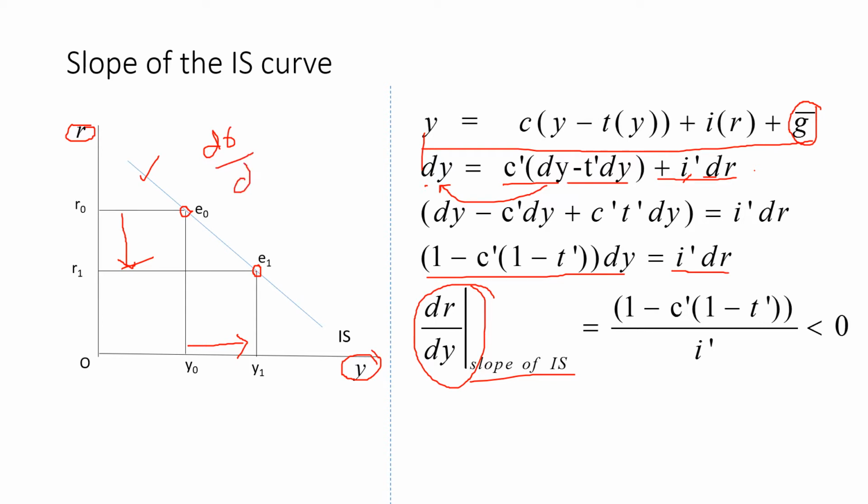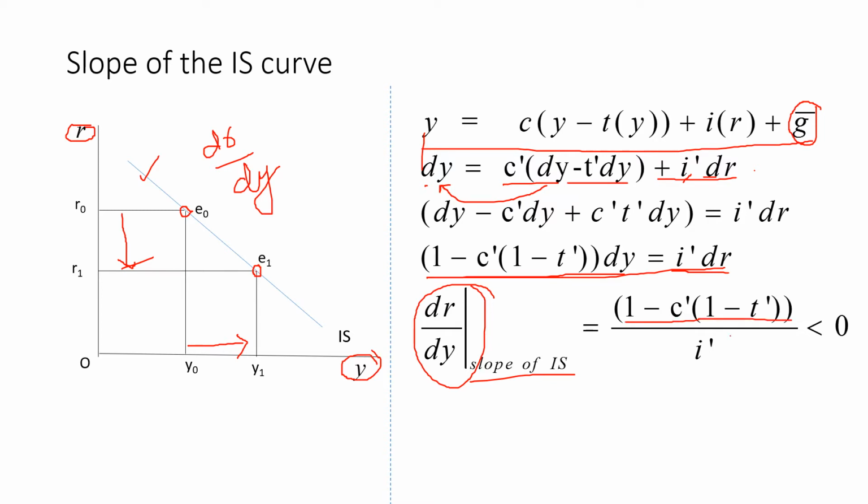So if you find dr dY from this step, then the value is 1 minus C prime into 1 minus T prime divided by I prime.